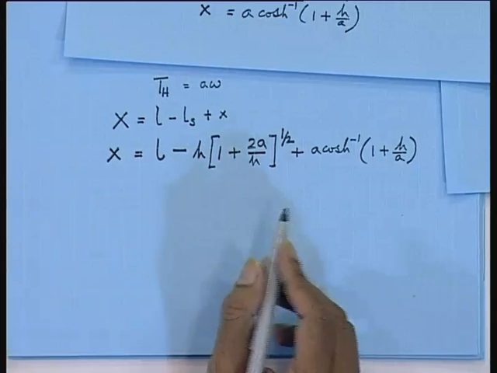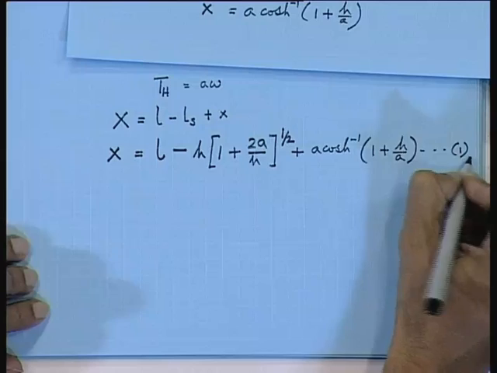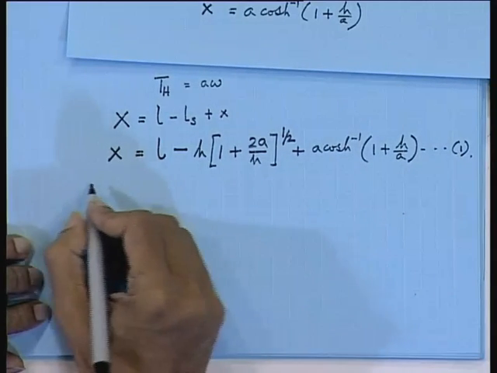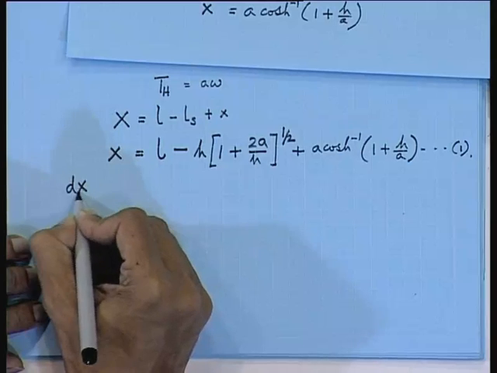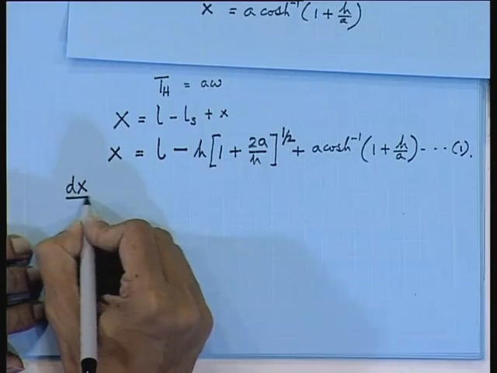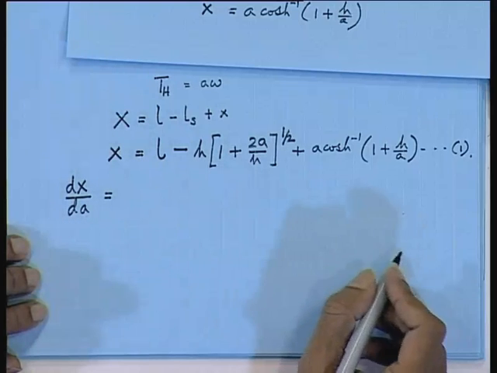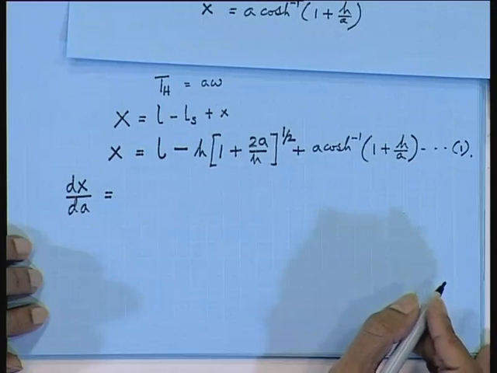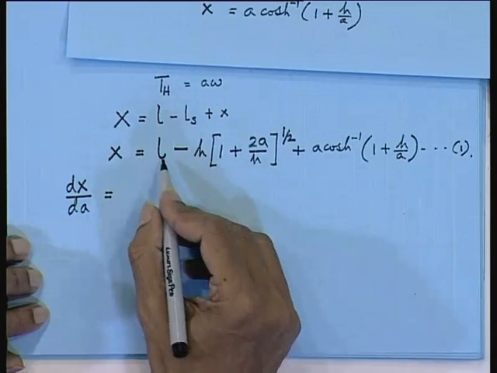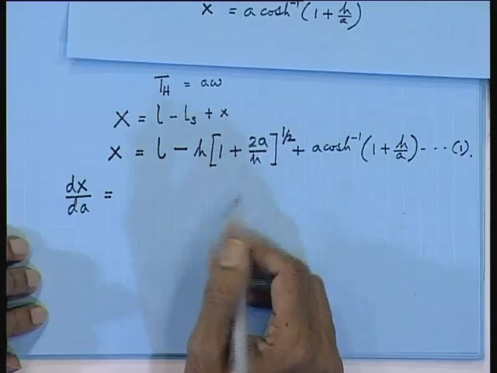Now, from this equation, let us put this as 1, and you find out dx over dA. So, what is this value? A is of course constant here, so this will be 0, but what about this expression?